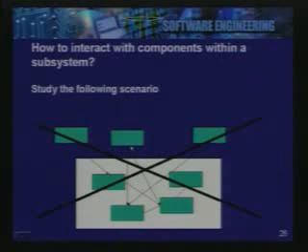Now compare this solution with this solution. You have rejected it because the external classes are interacting with the subsystem directly through different classes in the subsystem. For example, this component is interacting with this class, this component is interacting with these two classes, and so on.